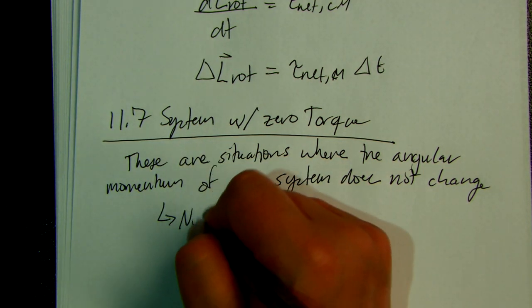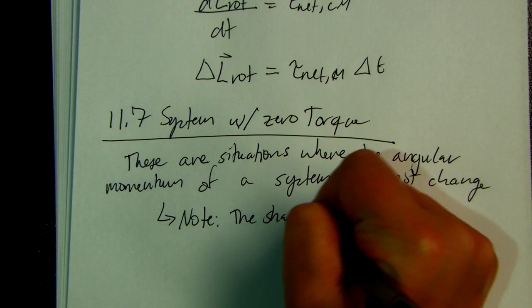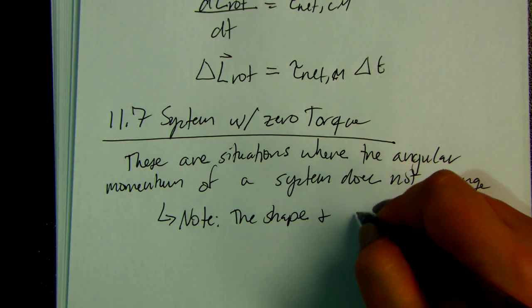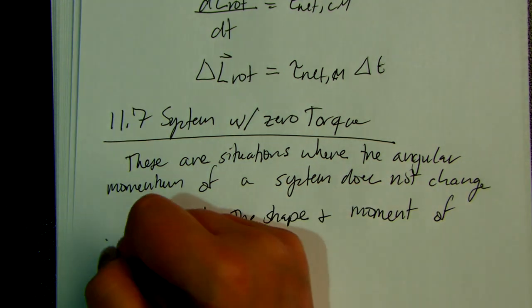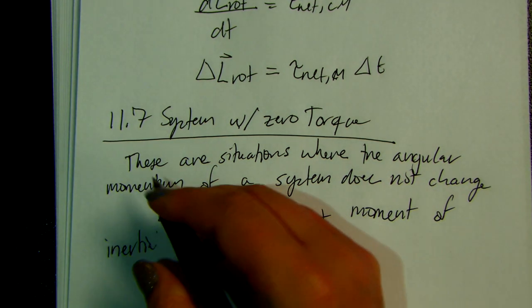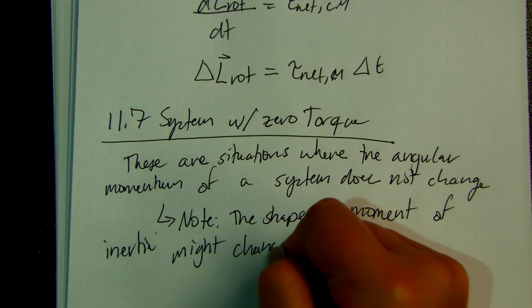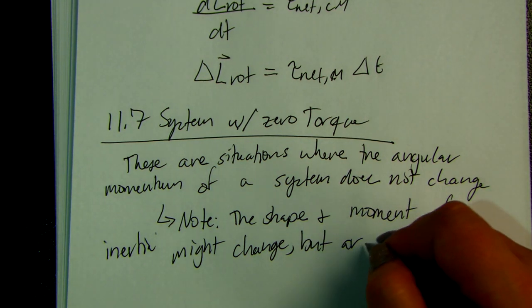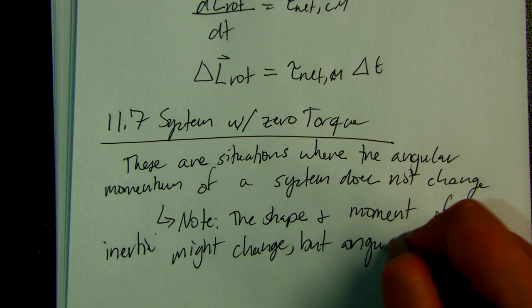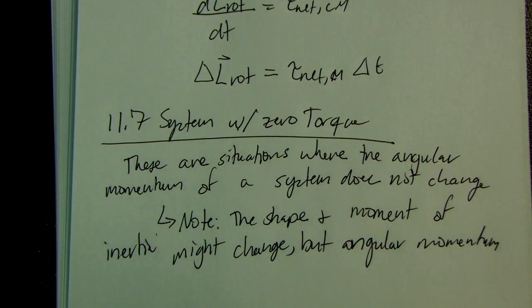So one thing to note, the shape and moment of inertia might change, but not angular momentum. There is no torque being applied. Not during the interaction time we are looking at.